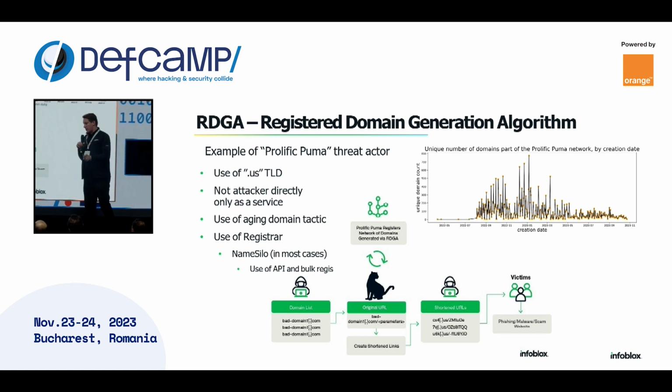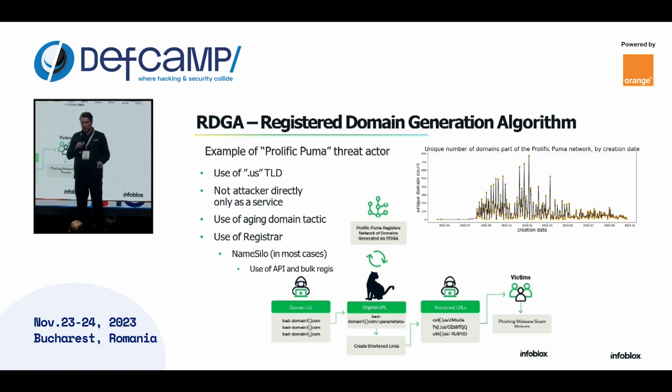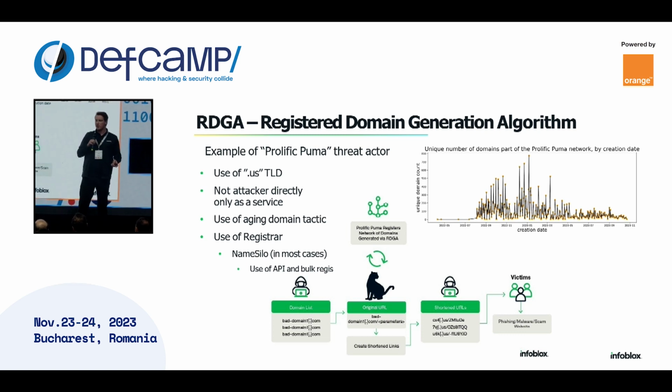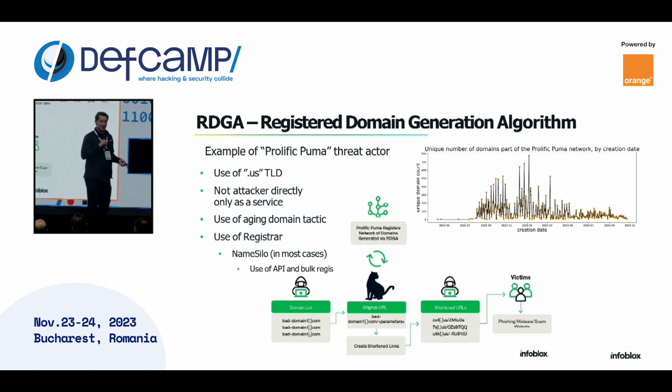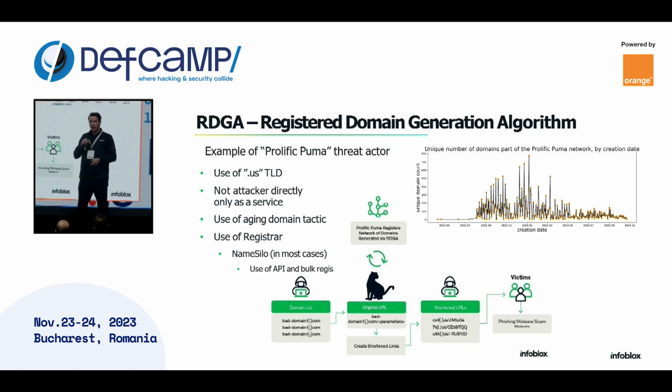If you go back a little bit in history, as we said, DNS is a 40-year-old protocol. Back in the day, if you were an attacker and wanted to avoid reputation-based and category-based detection, attackers started to use DGA, domain generation algorithms.